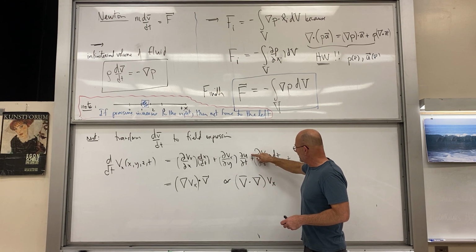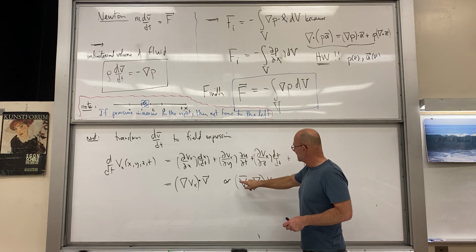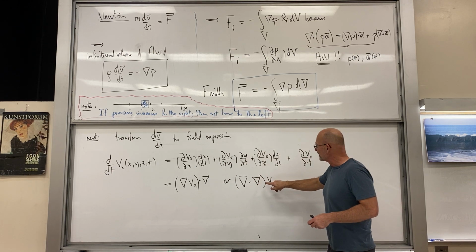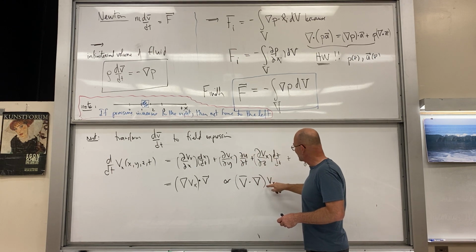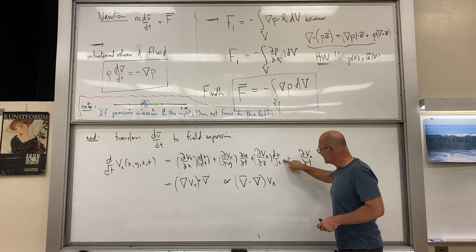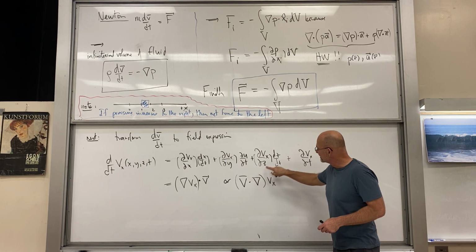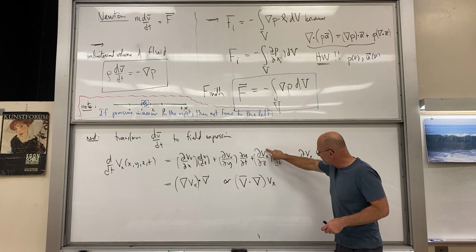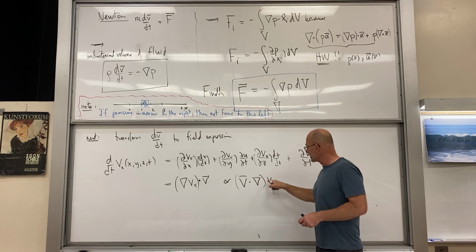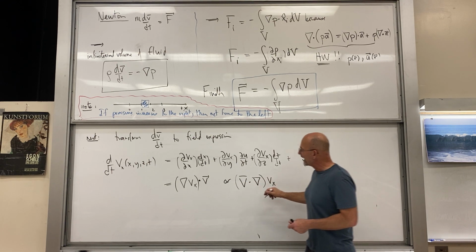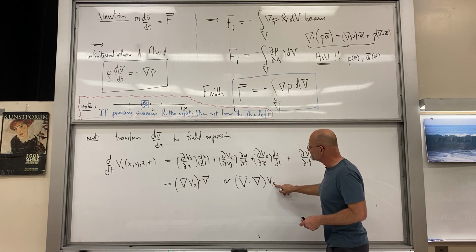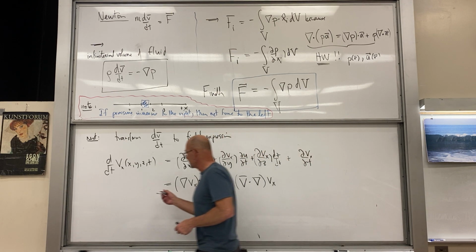Then we'd have Vy d dy, so that's v dot grad applied to Vx, and we'd have Vz d dz applied to Vx. So we can actually call this v dot grad Vx, and in that case, since we started with Vx, we have Vx here, we end up with the following.